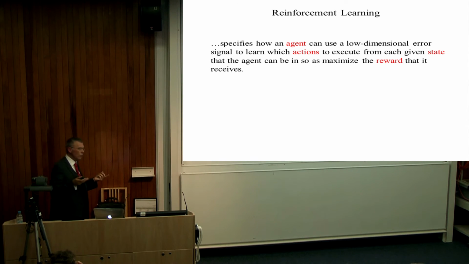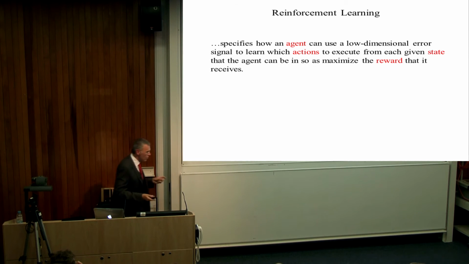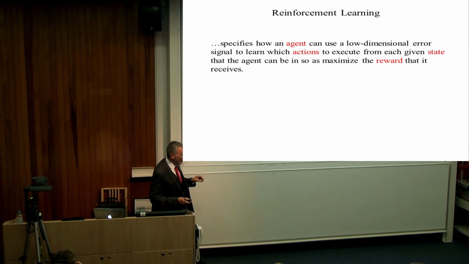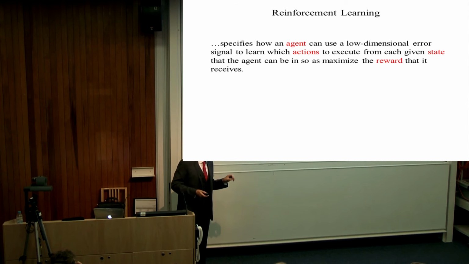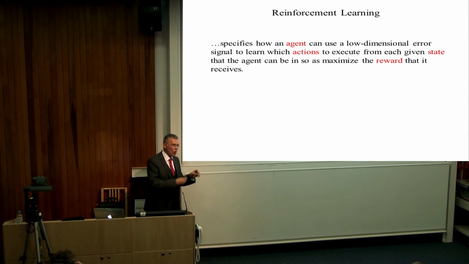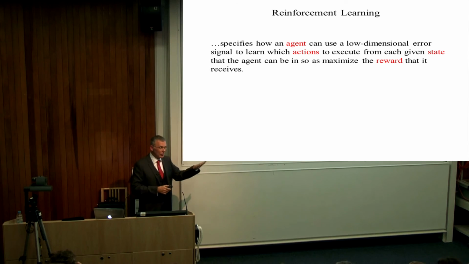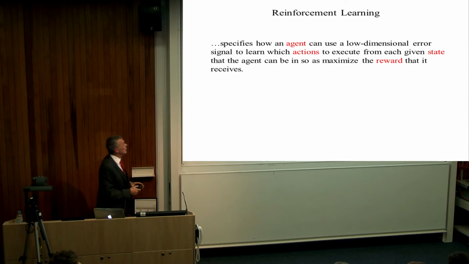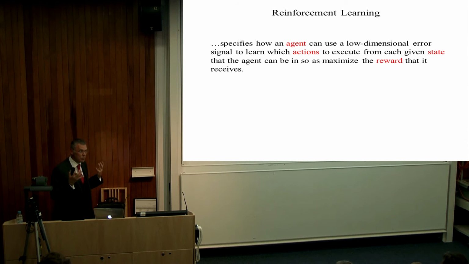Those of you who have had introductory psychology know that if you have a rat and you want it to learn how to do something, you feed it cheese, and over time you can get the rat to approximate the correct behavior. Or alternatively, if the rat's doing something and you hit it with a switch or something, it'll stop doing what it was doing and do something else. So with reinforcement learning, that's basically the idea.